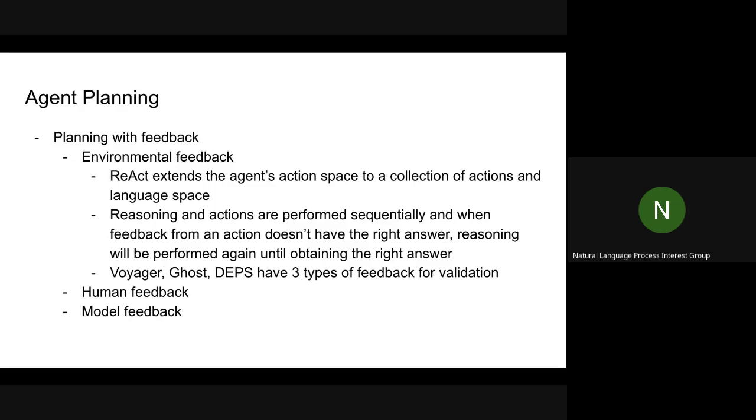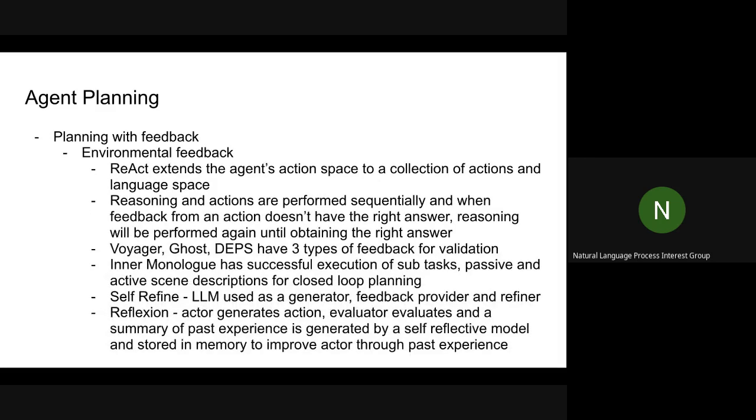It's still very basic, I would want to say, but it does have the ability to incorporate feedback. And then these other papers, Voyager, Ghost, DEPS, take it further in the sense that, in order to be validated, different kinds of feedback need to be addressed. So I think I added it a little bit here. There's different types of feedback, right?